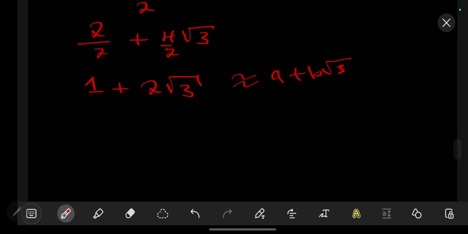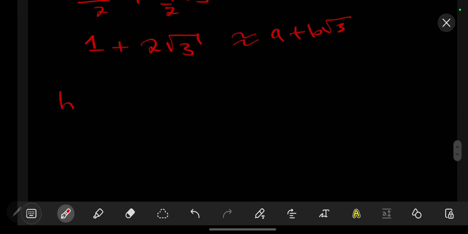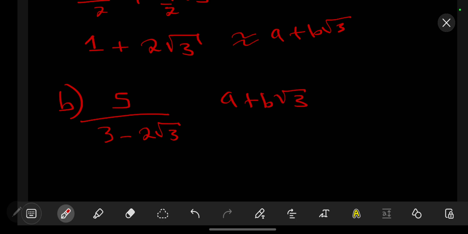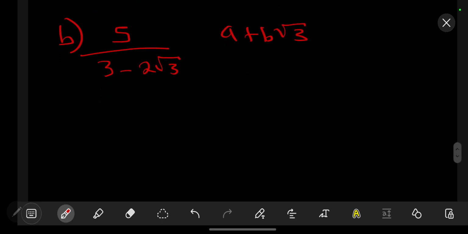So let's look at our last one, where we have been told we have the 5 over 3 minus 2 square root of 3. We are supposed to express it in the form a plus b square root of 3. So we have 5 over 3 minus 2 square root of 3. Let's apply a conjugate.